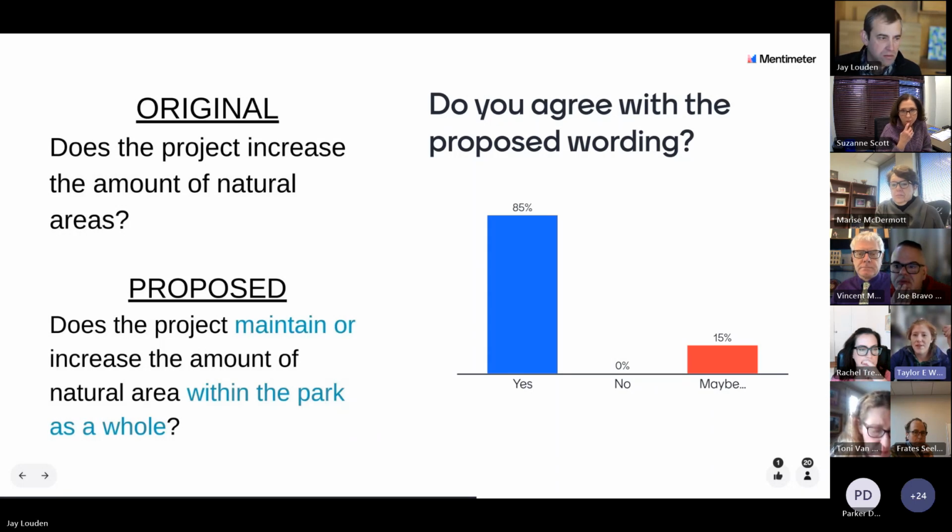Just want to uplift Corey's comment in the chat. Do natural areas compete with open space? I don't think that is the intention of this question or the previous one, but as we think about the wording, I think that is something we need to consider carefully. I think a big community concern is, even though there's a desire for natural ecology to be preserved and improved, does that limit the use of the park?